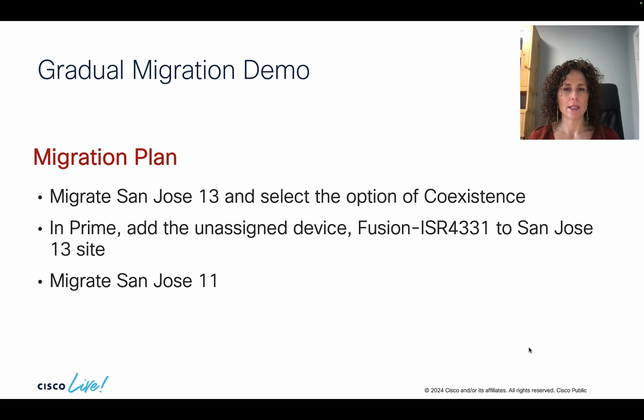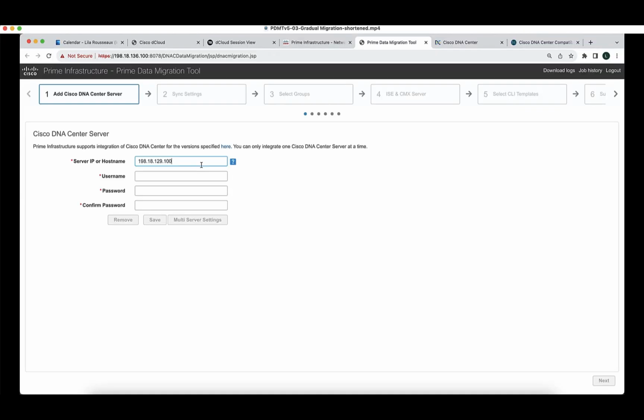Summary of the demo. So once again, we have all the steps that are going to happen in the demo. The migration starts with the Prime Data Migration tool. This tool lives in Prime Infrastructure and it will take us through a 6-step workflow. Some of these steps are optional depending on what exactly you are migrating.